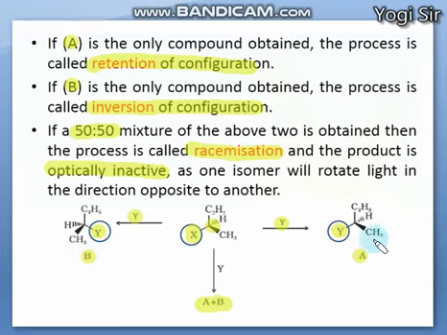So the mixture of both dextro and levorotatory will produce a racemic mixture, and overall this mixture is optically inactive, meaning it does not show optical activity. That is one specific property of a racemic mixture, and the two will rotate the plane polarized light in opposite directions, so they will cancel each other's optical effects, right?